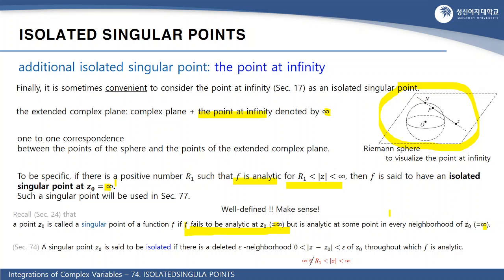Even though we cannot evaluate f at infinity, there is a point such that f is analytic in every neighborhood of z0. For example, we can take this region.